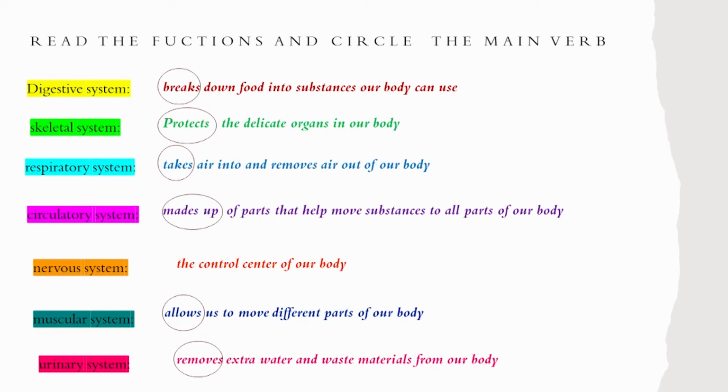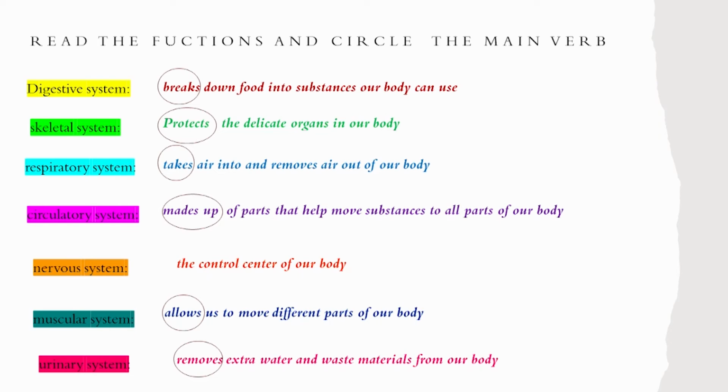For example, in the digestive system, the principal function is break down, right? In the skeletal system, the principal function is protects, right? Respiratory system, the principal main verb is takes. And the circulatory system, the principal verb is makes up, right?